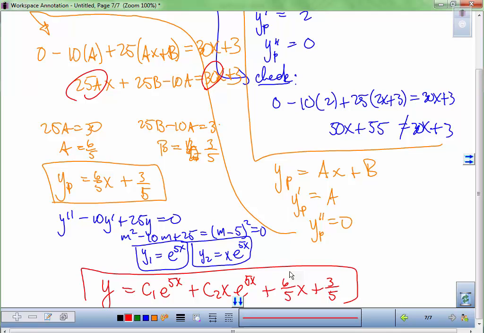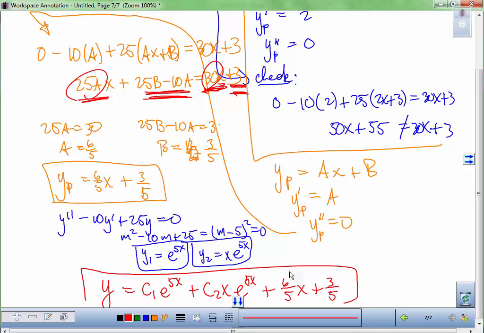Why did you say 25a? Because I'm looking to match up the coefficients of the x's and then the constant terms. So just like in partial fractions, you look at the coefficients of the polynomials and set them equal to each other.